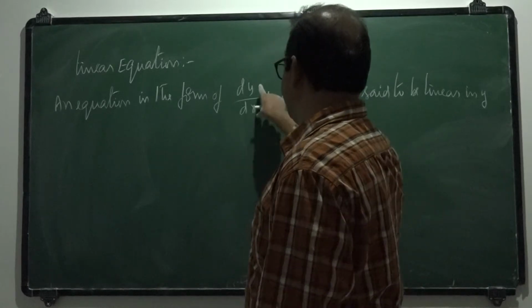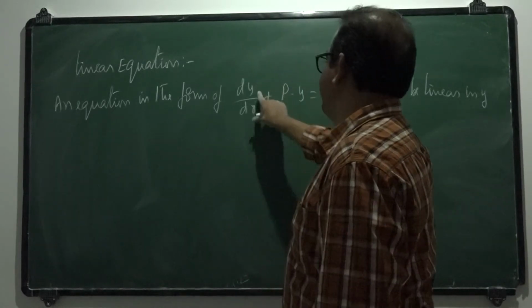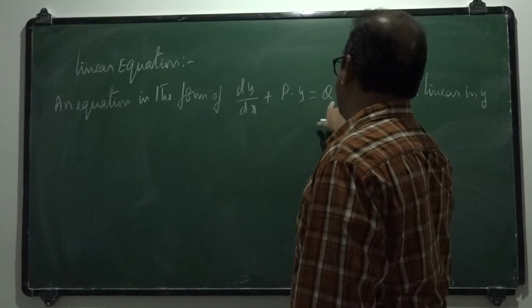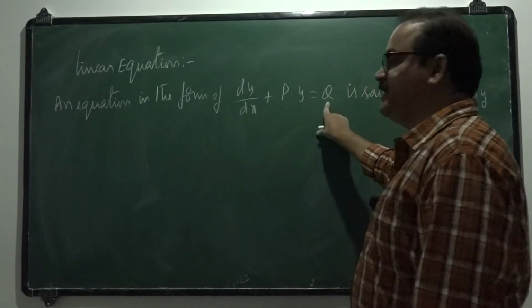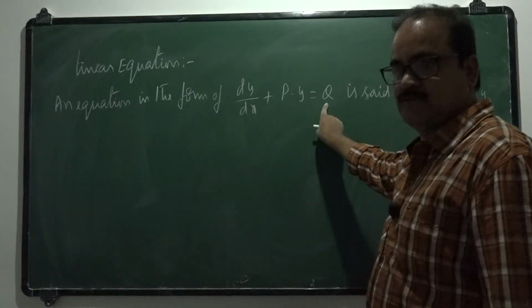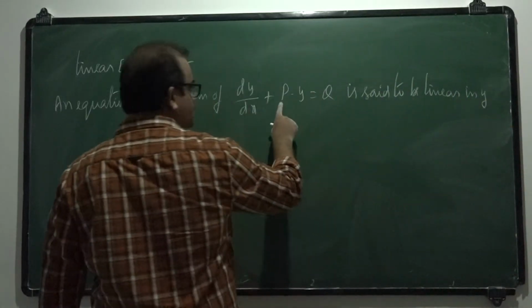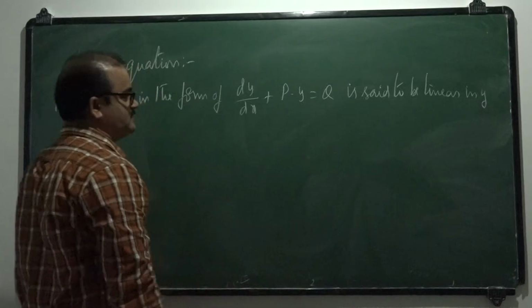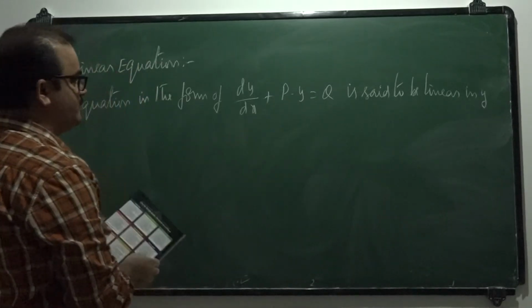If the given equation is in this form, dy by dx plus p into y is equal to q, where p and q are any constants or functions of x also, it is said to be linear in y.